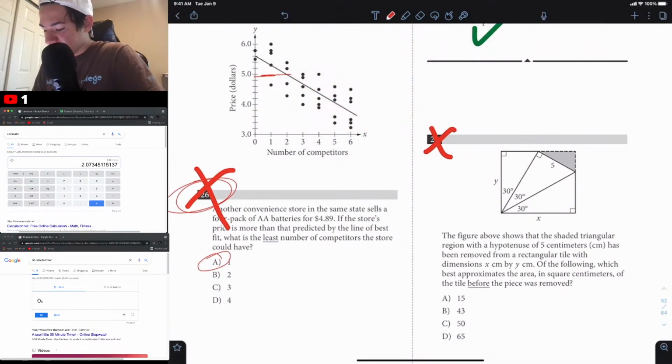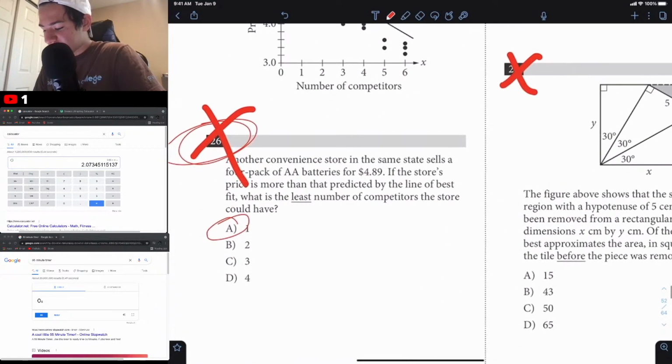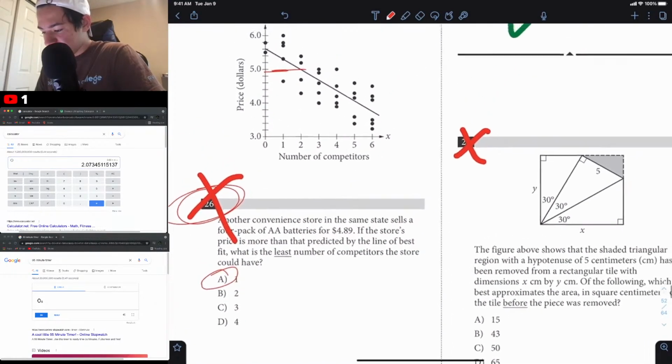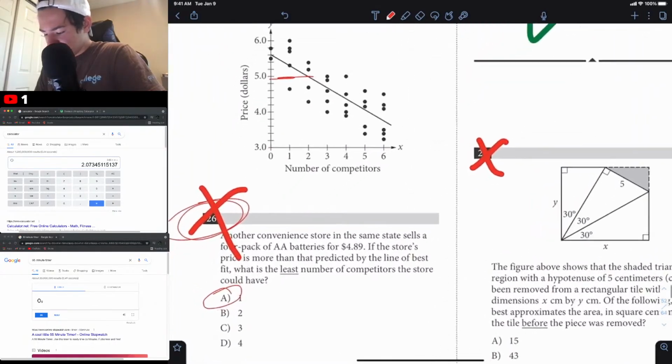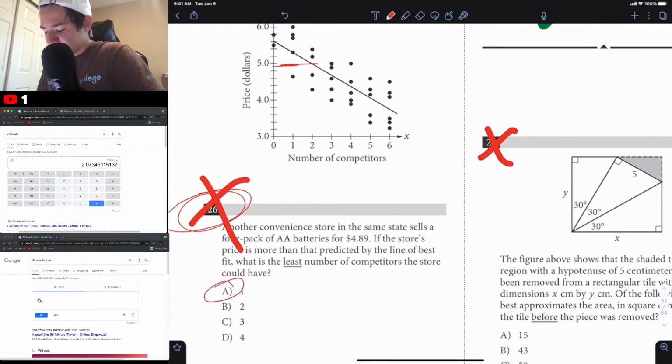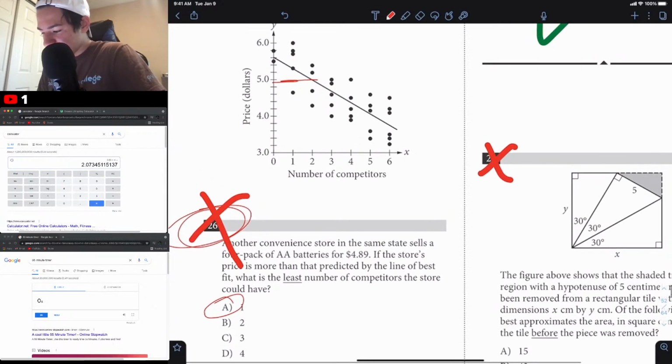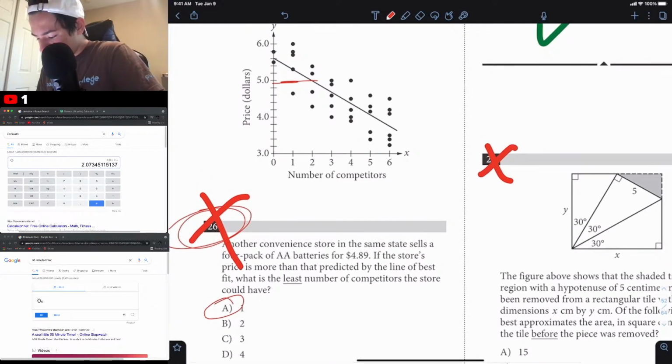Let me take a look. Another convenience store in the same state sells another pack for $4.89. Okay. If the store's price is more than that predicted, what is the least number of competitors the store could have? Why is it C? I don't get it. Yeah, I don't know.